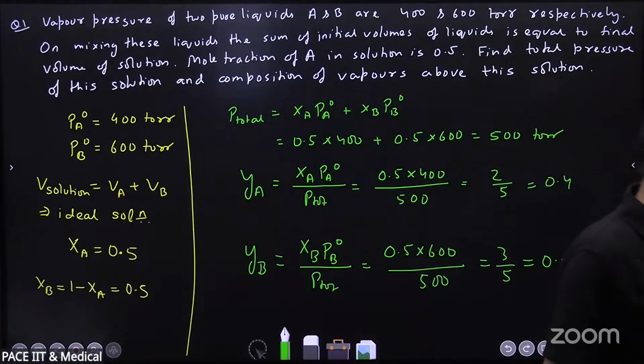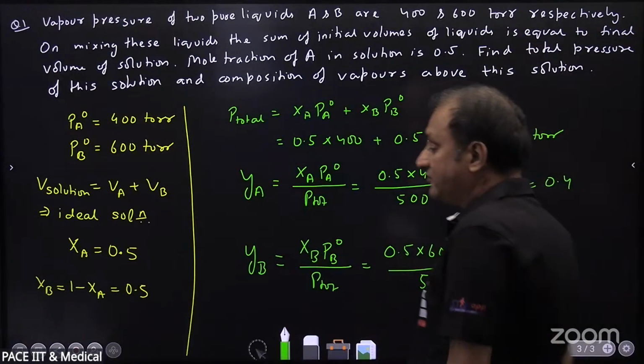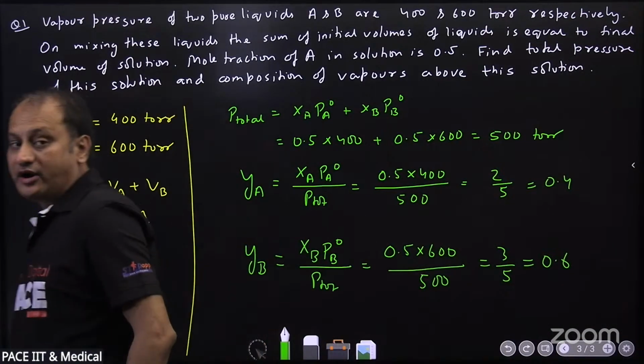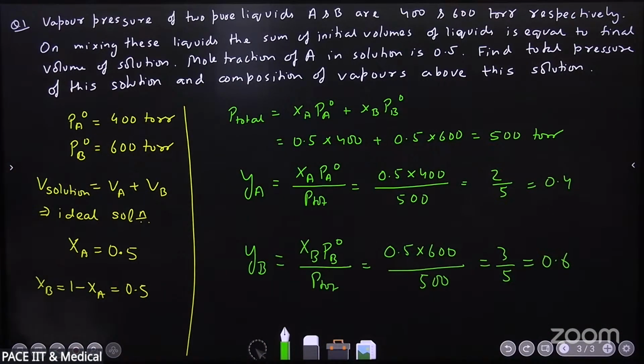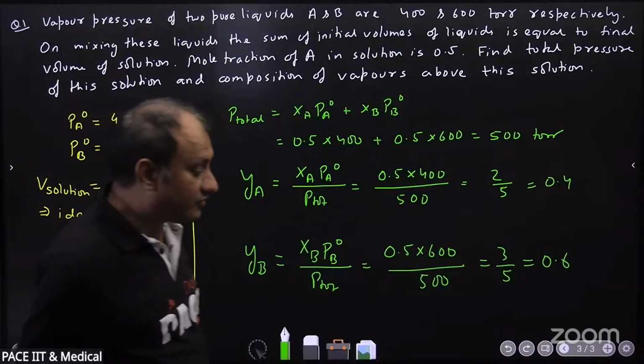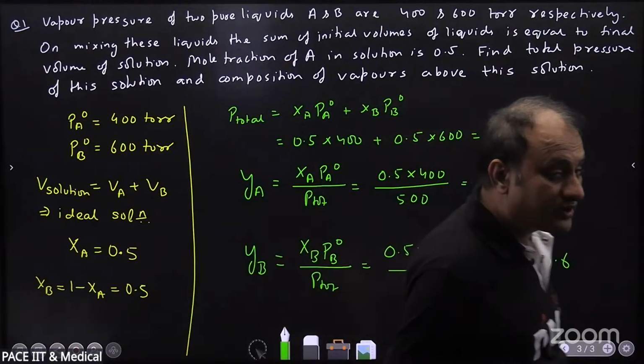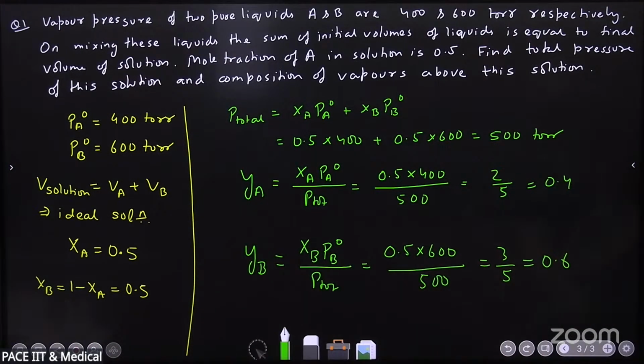Where you can see, as what I was saying previously, liquid phase mole fractions were 0.5, 0.5. But in vapor phase mole fractions are 0.4 and 0.6. Mole fraction of B has increased and it should increase because B is the more volatile liquid.